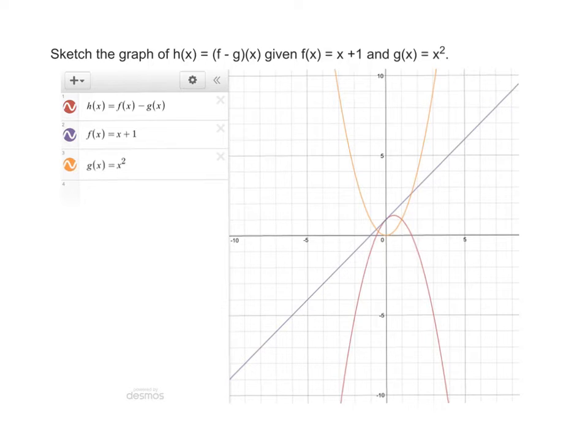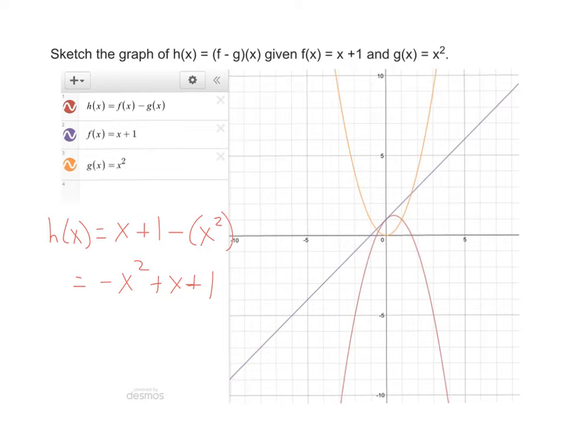Instead of going through all that work of the table of values, finding all those points, if I want to know what f minus g of x is, it's going to be f of x, which is x plus 1, minus g of x, which is x squared. And so it's -x squared plus x plus 1, which is that red parabola on the graph.